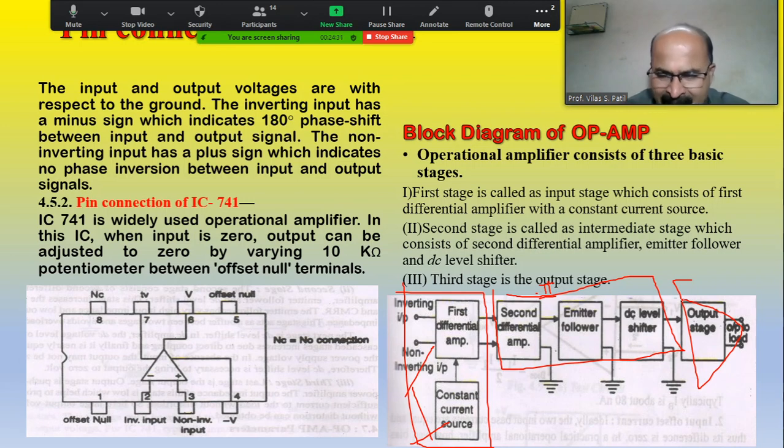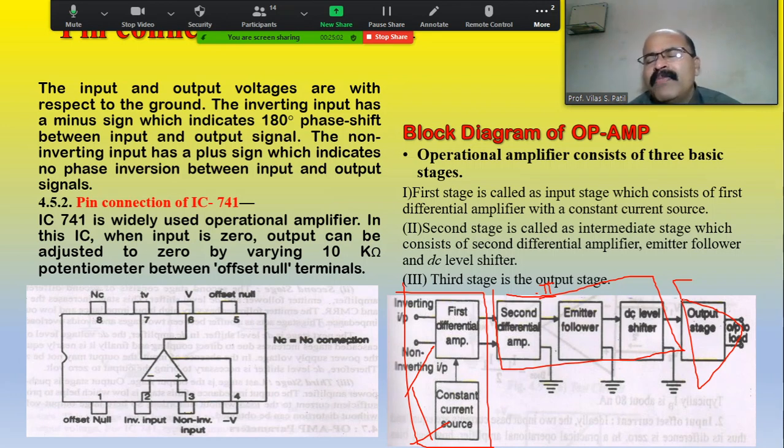DC level shifter आहे, लेवल कमी असली तर वाढवणं, जास्त असेल तर कमी करणं, लेवल शिफ्ट करणं, हे लेवल शिफ्टरचं काम आहे. लेवल शिफ्टर इथं जर इंटरमिडिएट स्टेज मध्ये बघितलं तर 3 ब्लॉक आहेत वेगवेगळे. एक म्हणजे सेकंड डिफरन्शियल एम्प्लिफायर, दूसरी म्हणजे emitter follower circuit, that is the amplifier, that is the emitter follower circuit can be used as an amplifier, and the third is the DC level shifter.